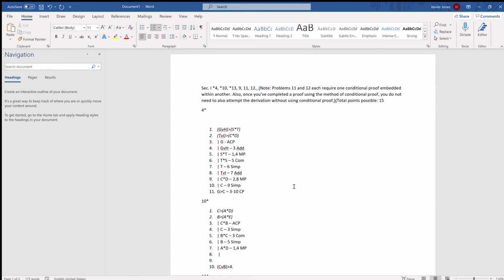And we can also get A and D. What is this going to give us? It's going to give us if C and B, then A.